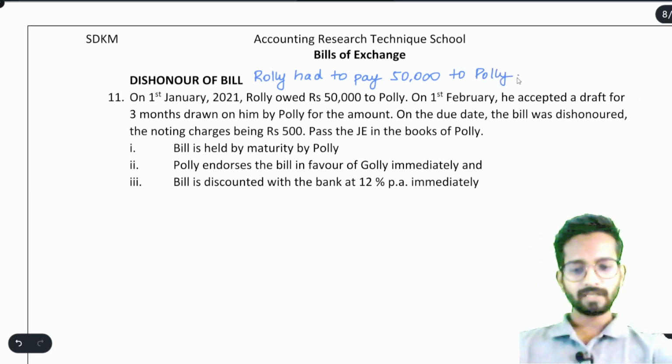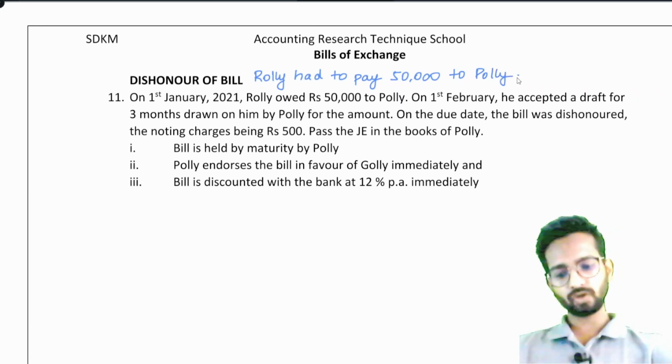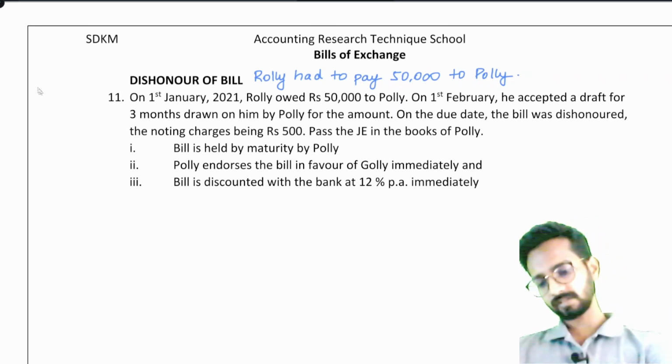On 1st Feb, he accepted a draft for 3 months drawn on him by Polly. Drawn on him by Polly, it means Polly is the drawer and Raleigh is the drawee.